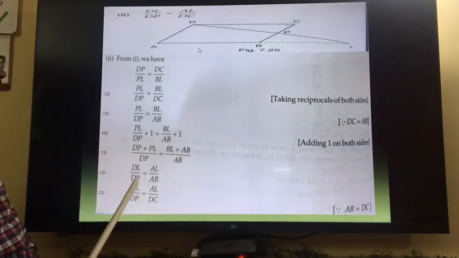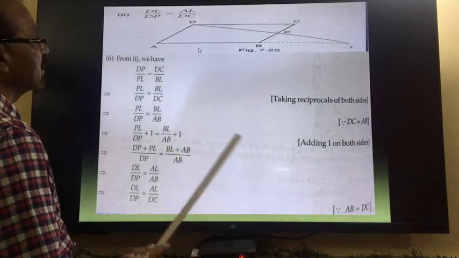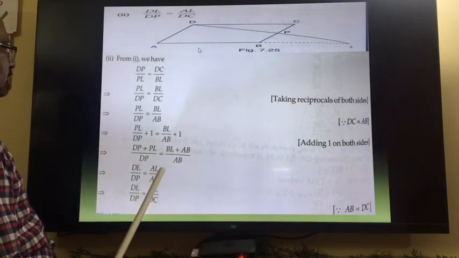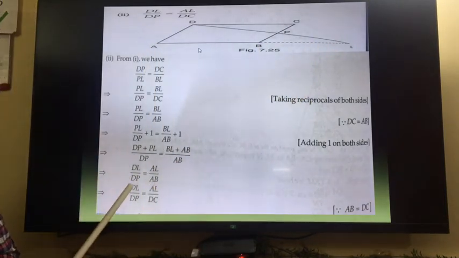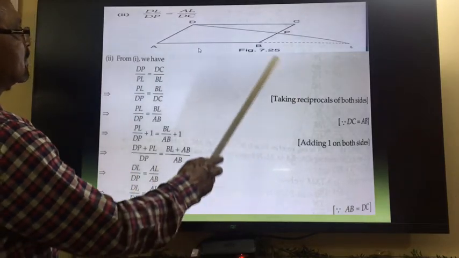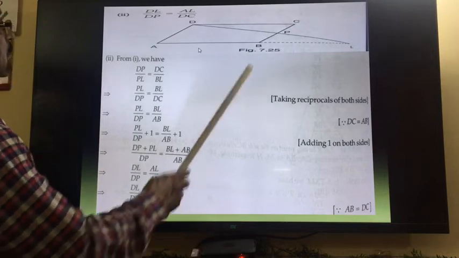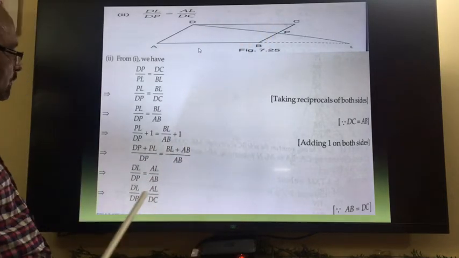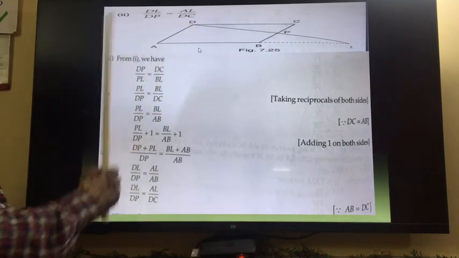So we will get DL upon DP is equal to BL plus AB upon AB. So BL plus AB will become AL. So DL upon DP is equal to AL upon AB, and AB was equal to DC. So in place of AB we can write DC again. So this is the second part to prove.